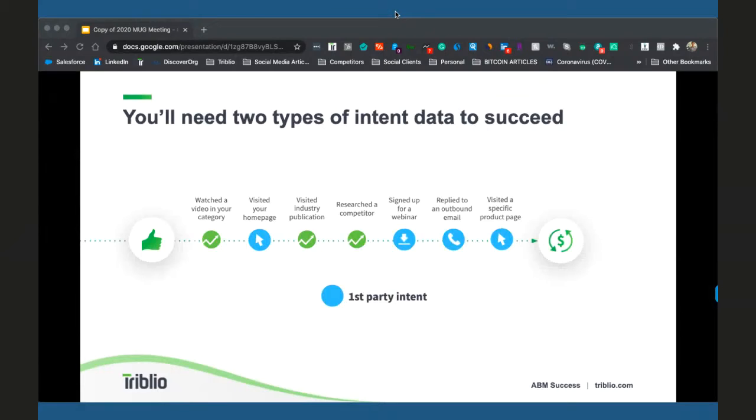Are they coming to very specific product pages, and so on? That first-party intent data becomes really important because if they have not filled out a form, in a platform like Marketo it's very challenging to track them easily and then market to them, right? And our platform allows you to do that, and most ABM platforms do.